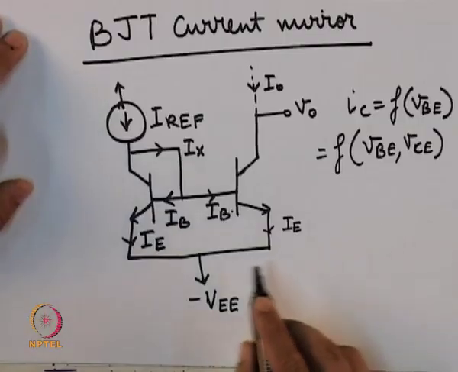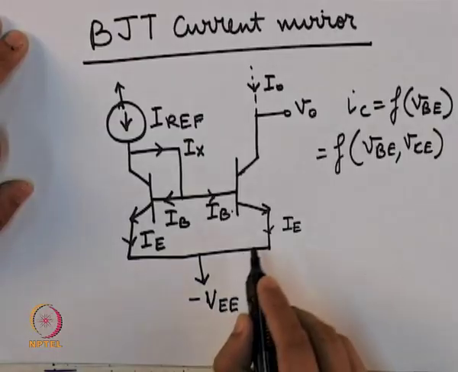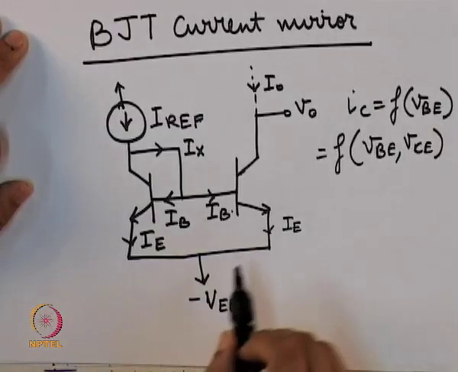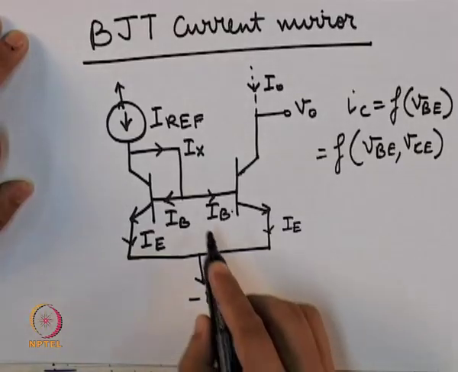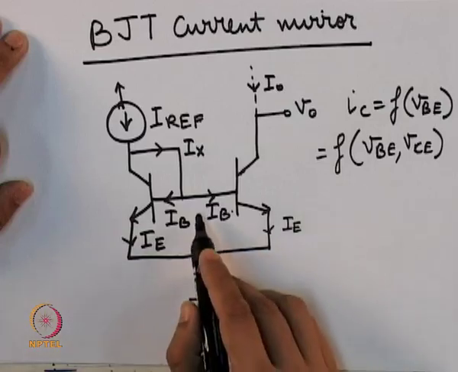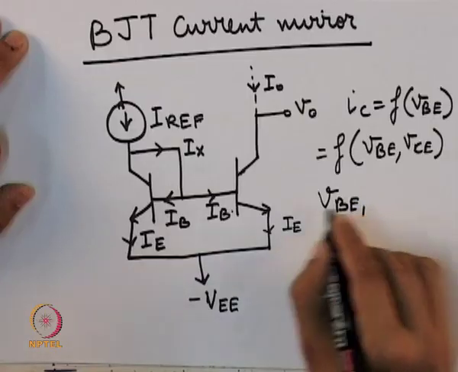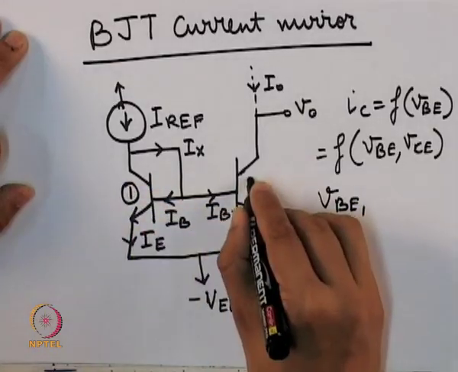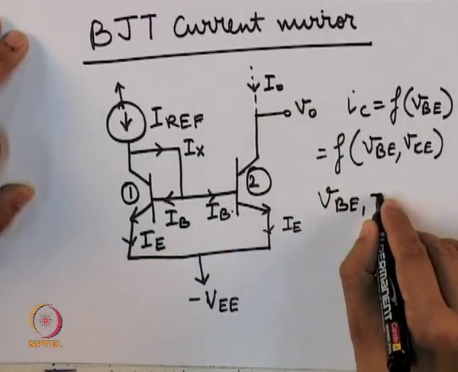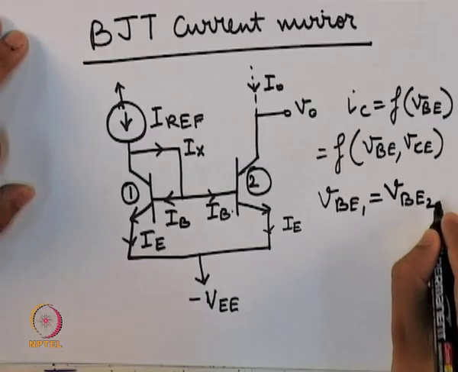If that is the case, then from the way these two NPN BJTs have been connected, we can see that the VBE voltage will be the same for both. Suppose I call this transistor 1 and this transistor 2, then VBE1 will be equal to VBE2.